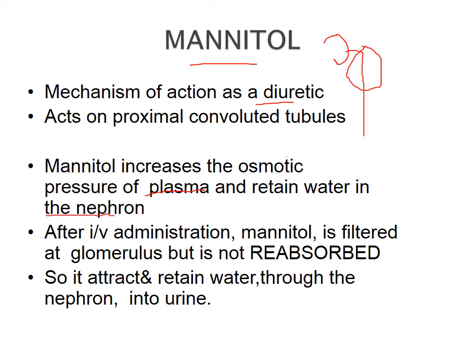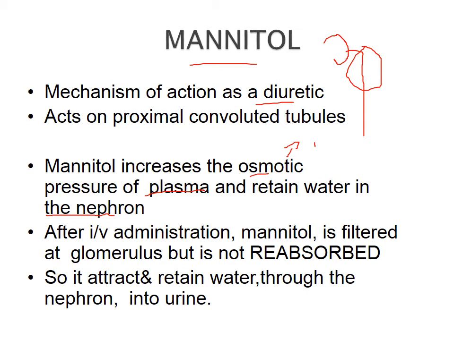It is the pressure built by active particles present in the lumen or in the blood vessels. Mannitol is an osmotic chemical, a particle, so it increases the pressure in the plasma and also retains water in the nephron.